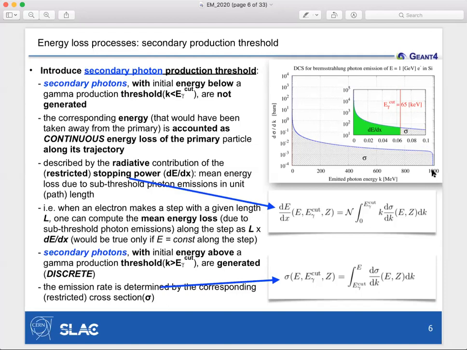So with this, Bremsstrahlung photon emission is divided into two parts. One is called continuous, the other is discrete in the Geant4 terminology.